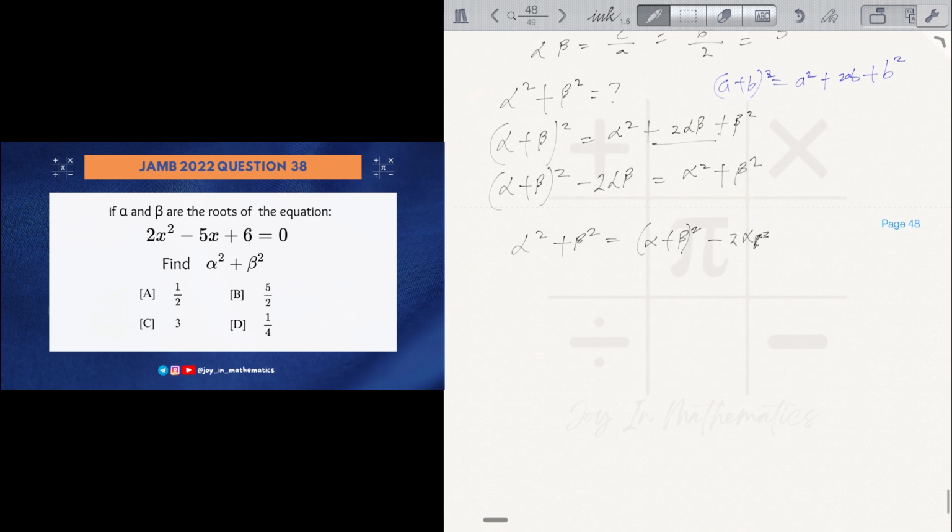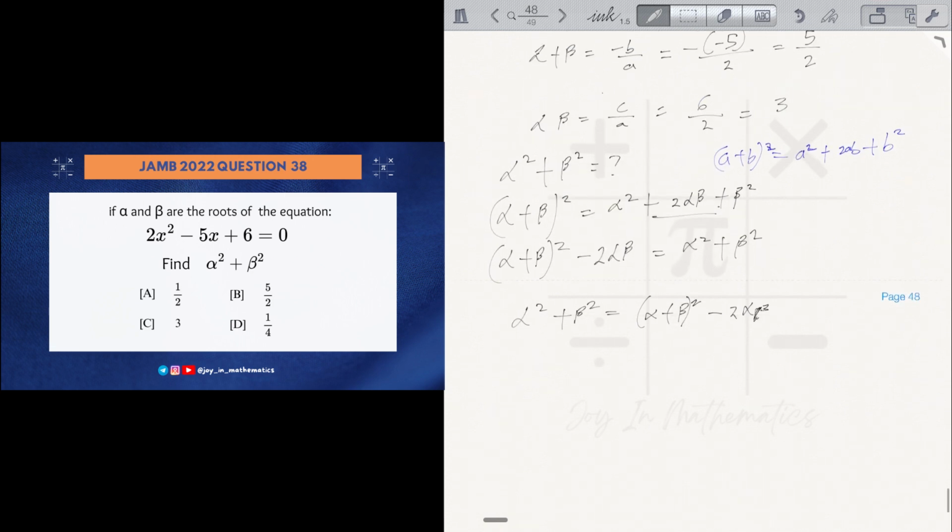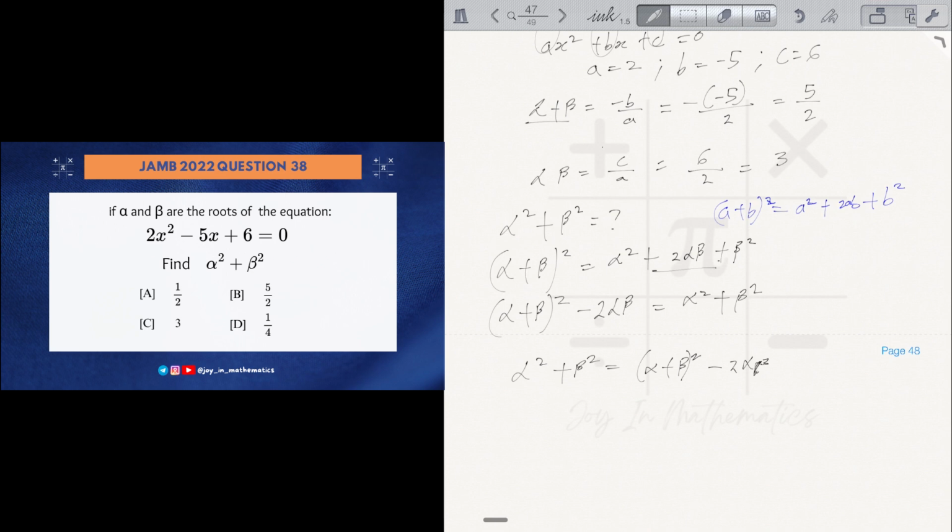So with respect to that now, we go back and we see that our alpha plus beta is 5 over 2, squared, and our alpha beta is 3. So we can find an answer for alpha squared plus beta squared.